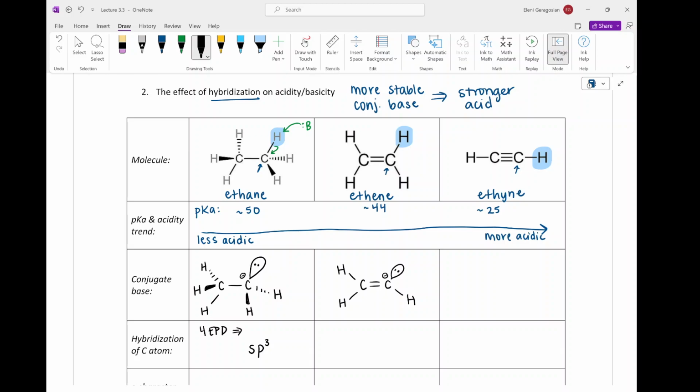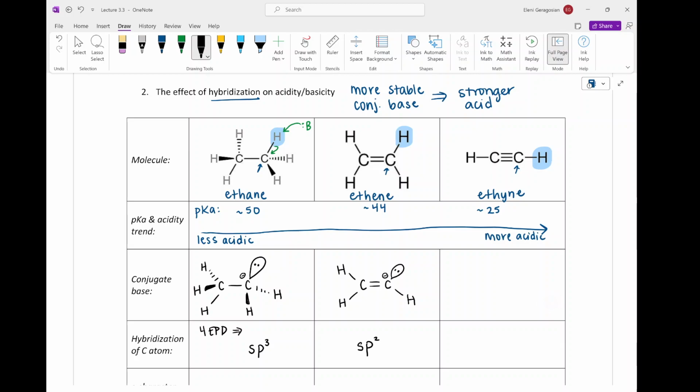The hybridization of carbon in ethene is sp2. And sp2 is a smaller orbital because it has fewer p orbitals hybridized, only 2 in sp2, where sp3 has 3 p orbitals hybridized. The sp2 orbital is smaller and closer to the carbon nucleus. So that's going to be key for understanding this acidity trend.